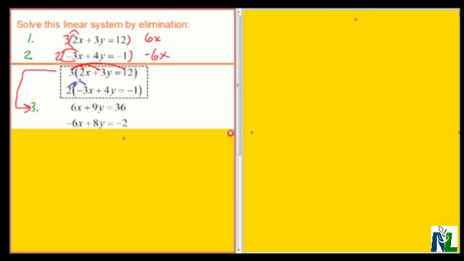All terms here are multiplied by 2. 2 times negative 3x is negative 6x, 2 times 4y is 8y, and 2 times negative 1 is negative 2. So the resulting equivalent equation, which I'll call equation 4, is negative 6x plus 8y equals negative 2.